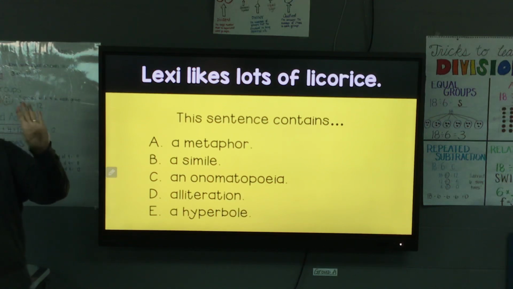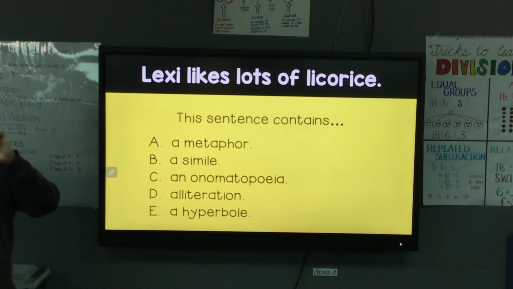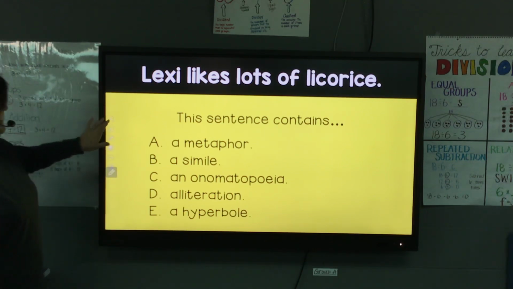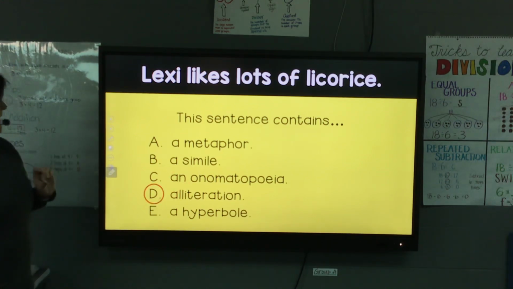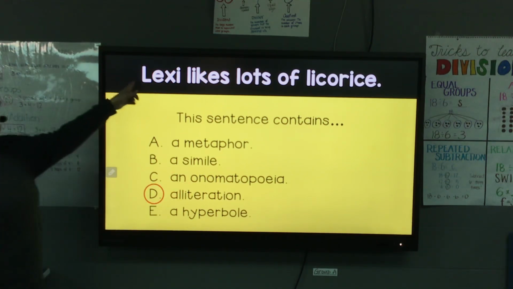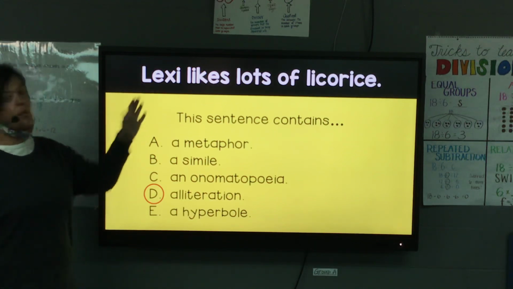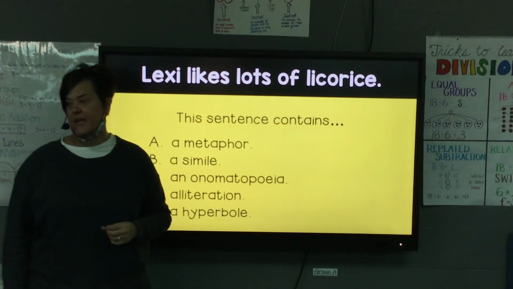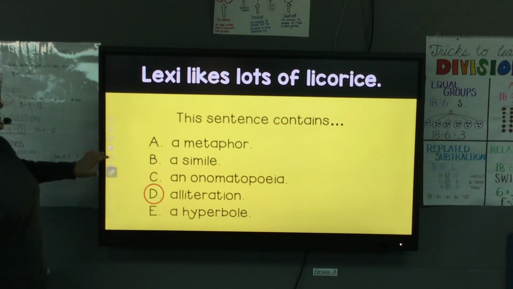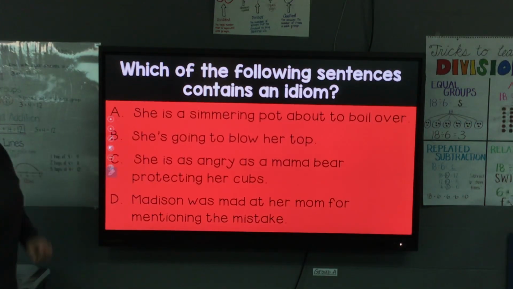Metaphor, simile, onomatopoeia, alliteration, hyperbole. Okay. It is alliteration because they almost all start with that same sound, right?